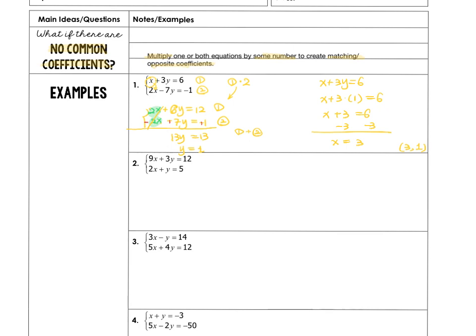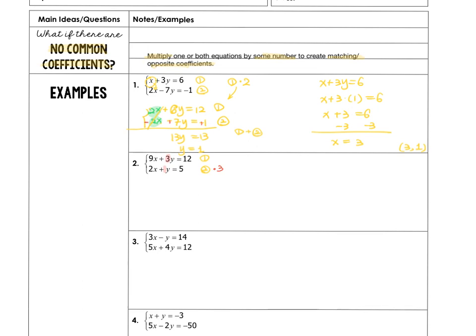So let's look at this one, the second system. First equation, second equation. The first equation's coefficients are much bigger. Let's look here, 3, and here I have 1. So maybe what I can do is use the second equation and multiply that by 3, right?